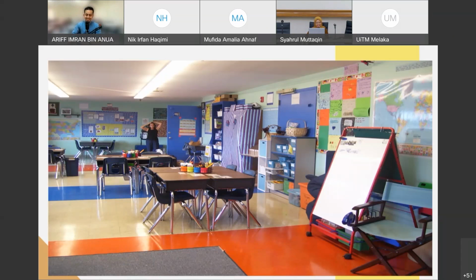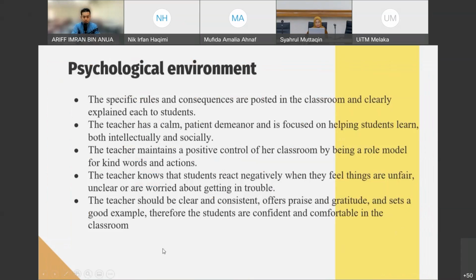You see the quality of the desks or the chairs or even the floors. Dear ladies and gentlemen, let me show you the next picture. The next one would be the psychological environment. Ladies and gentlemen, we come to the psychological environment.